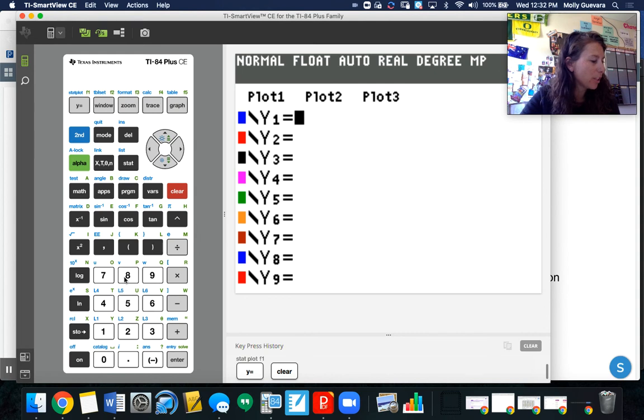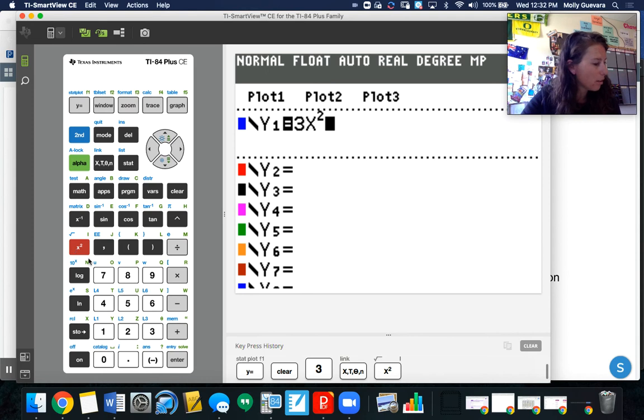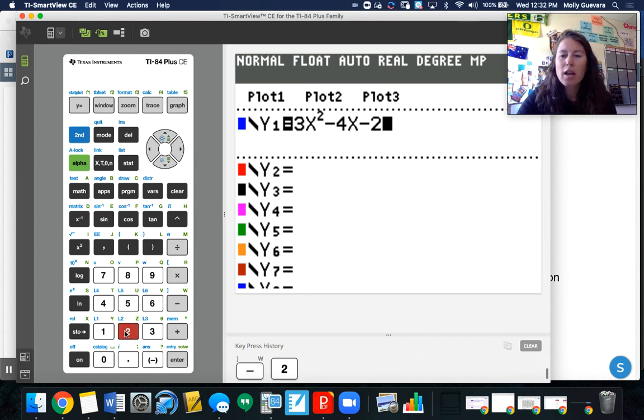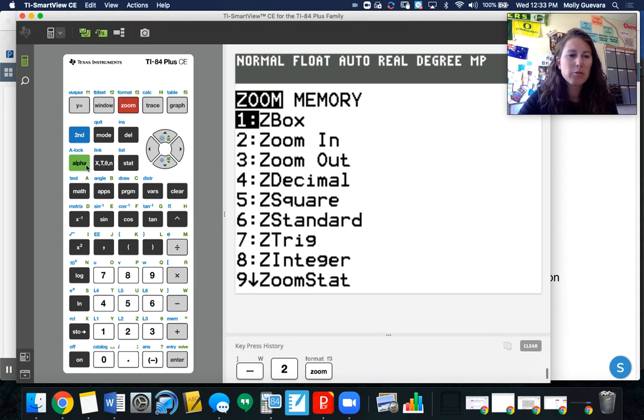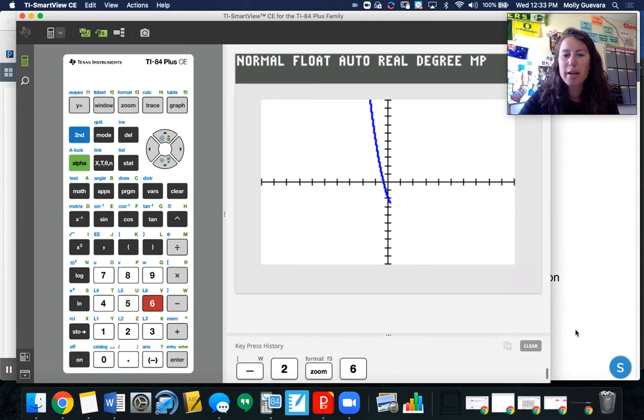So the function is 3x squared minus 4x minus 2. And then I've been messing around with my window in helping other students, and so my window's a little messed up. So if you're not sure if your window is good to go, you can always hit zoom and then number 6 standard, and it'll change it back to the standard graph.